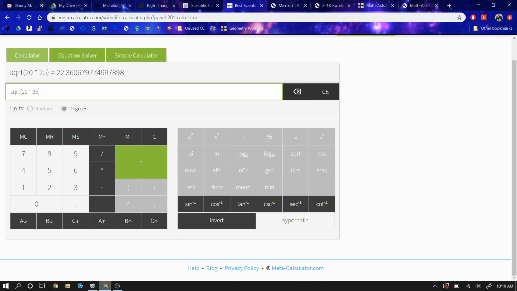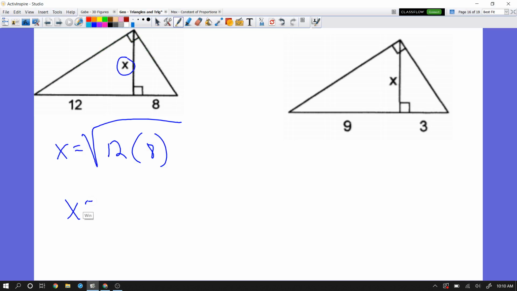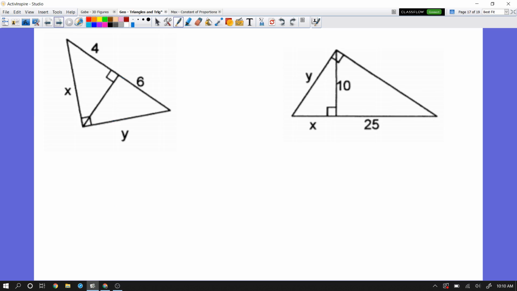Let's go to the calculator. The square root of 12 times 8 is about 9.8. X is equal to about 9.8. That's it. That's all.